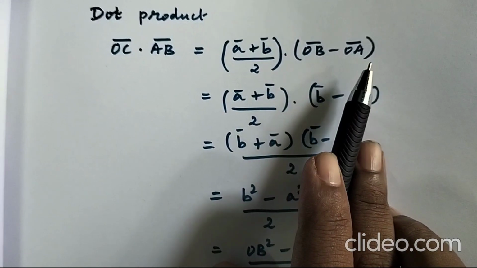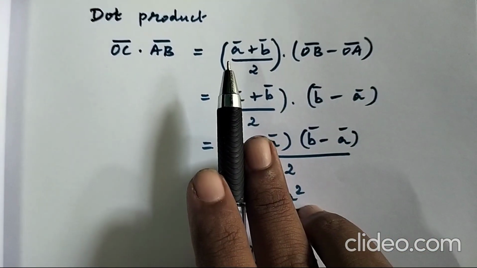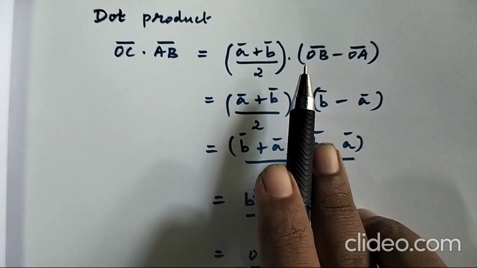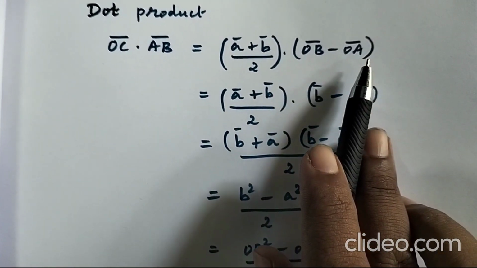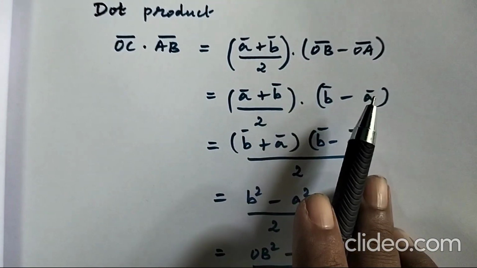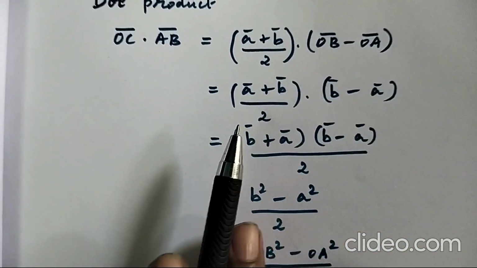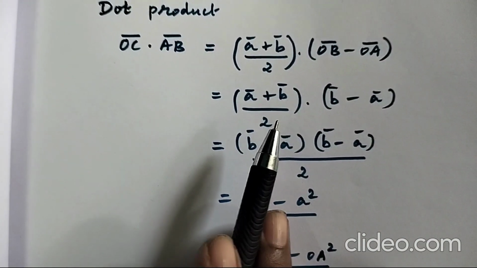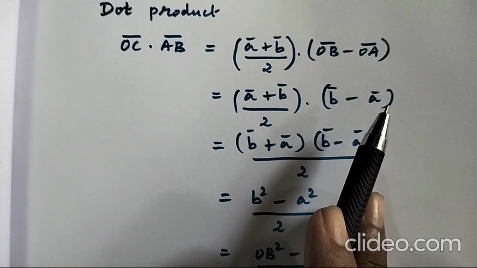So that is substituted here. OC is substituted by (a plus b) by 2 and AB is substituted by OB minus OA. As per definition, OB is vector b, OA is vector a. Therefore, the product becomes (a plus b) by 2 dot (b minus a).